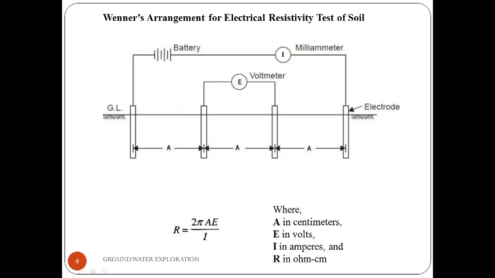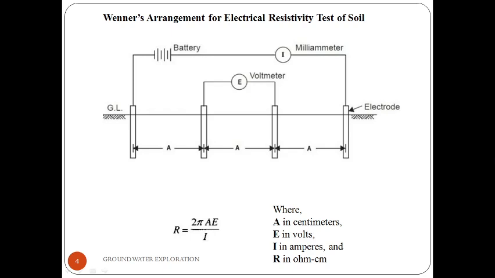The outer electrodes are connected with a battery and milliammeter, whereas the two inner electrodes are connected with a voltmeter to measure the potential drop when the current is induced between the electrodes. In this setup, the electrodes are placed at equal distances. As you can see in this figure, the distances between the electrodes are shown.